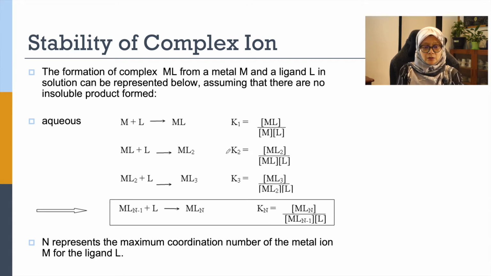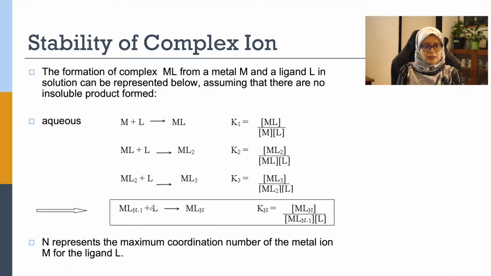The stepwise constant K2 is the concentration of the product, ML2, over the concentration of ML times the concentration of L. So in K1 and K2 we have two ligands, and it will go on until the complex ion is stable.